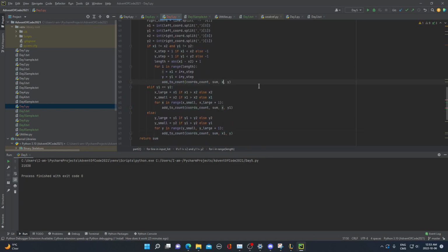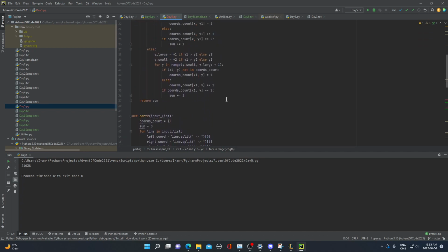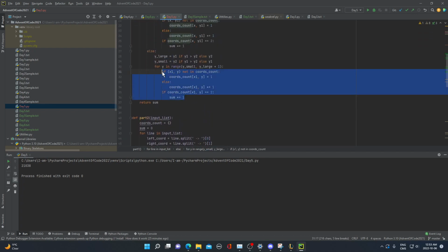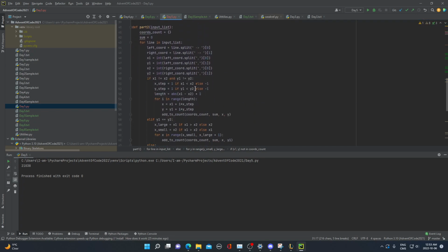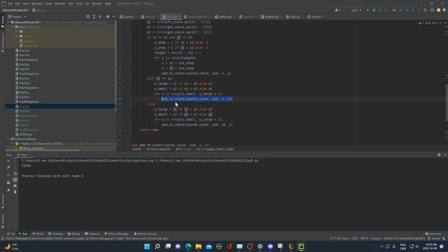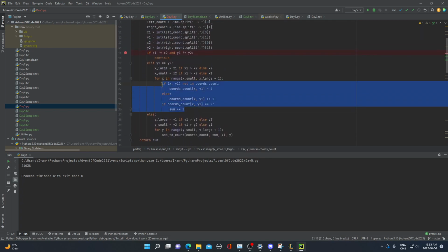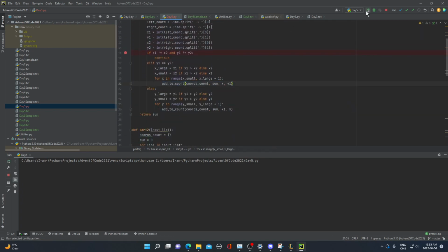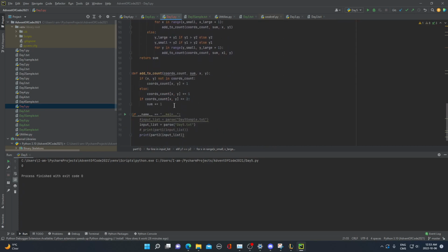Here's just x and y. x1, y and x, y1. We get a sum of 0. I assume that we can't pass. How do we pass values in here? This is fine, it's a dictionary.